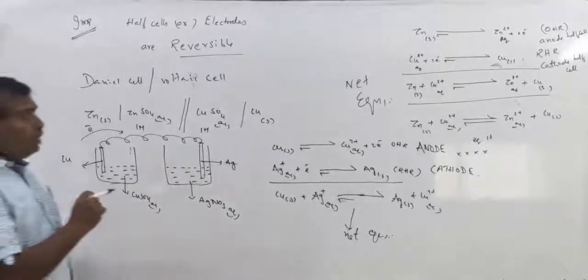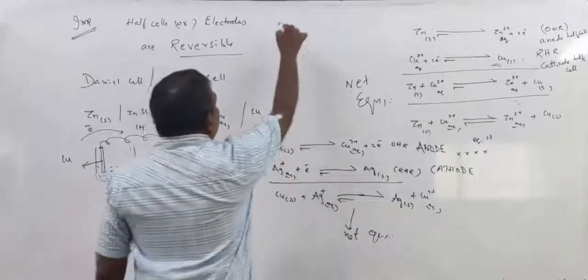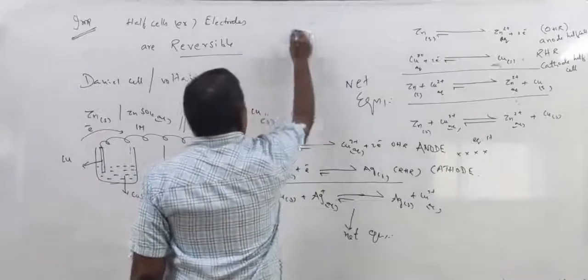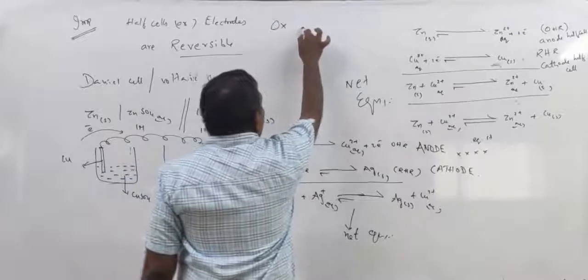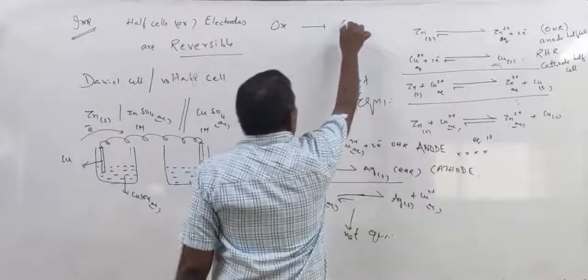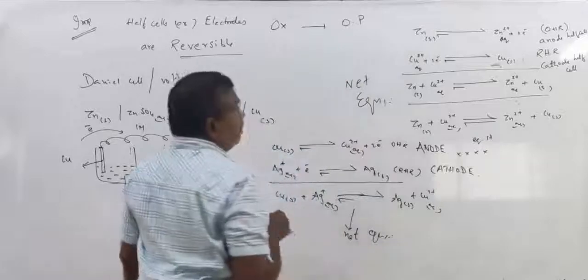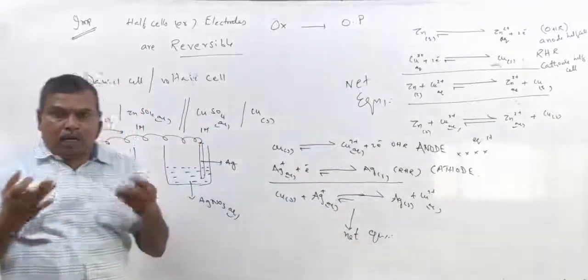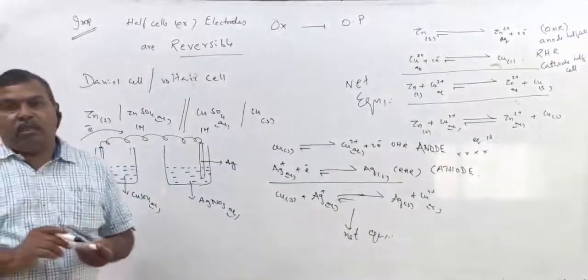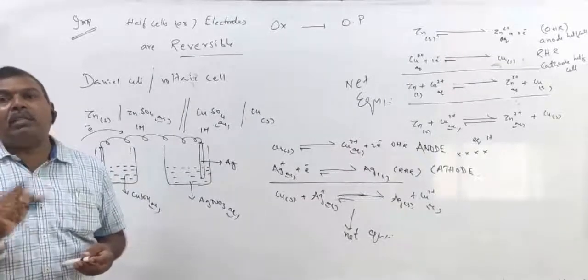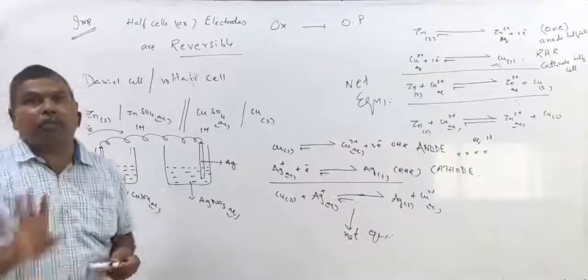If the electrode undergoes oxidation, then it is said to be the oxidation potential. If any electrode undergoes oxidation, the potential developed between the two phases is said to be the oxidation potential.